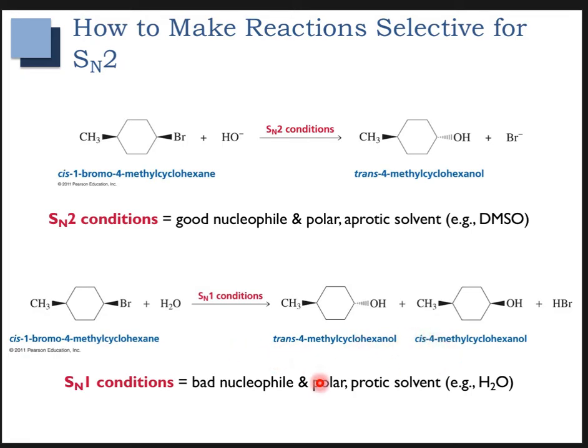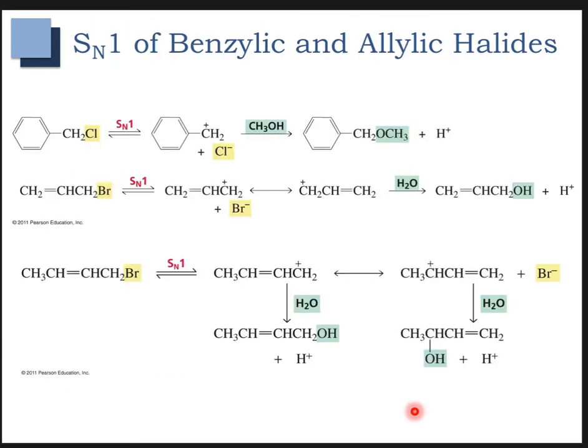In this case, you would use a polar protic solvent. In the case of SN1 too, if you recall, the nucleophile is often the solvent, so water would probably just be our solvent. So then if we go back to the previous slide, and we wanted to do SN1 conditions, we'd use a poor nucleophile, like methanol, and that would also be our polar protic solvent.